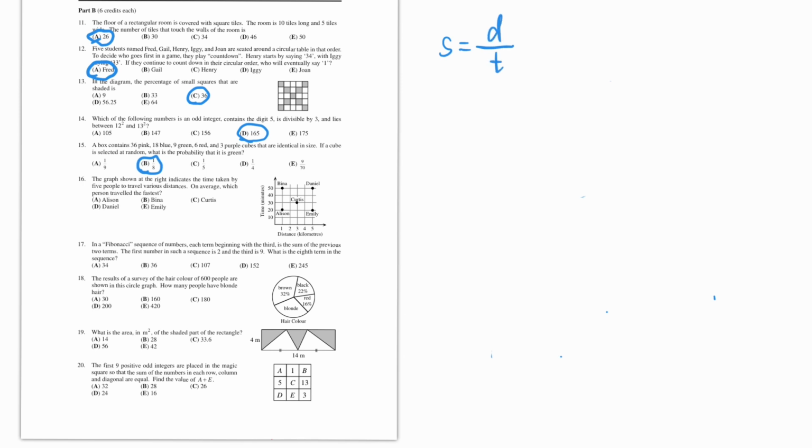So for Allison, the speed of Allison is equal to distance. He traveled 1 kilometer and used 20 minutes. That's 0.05.